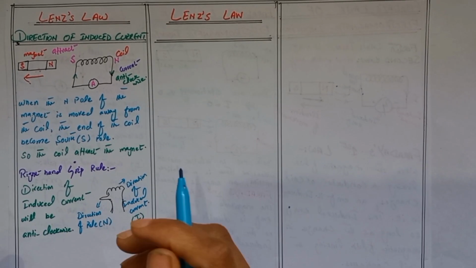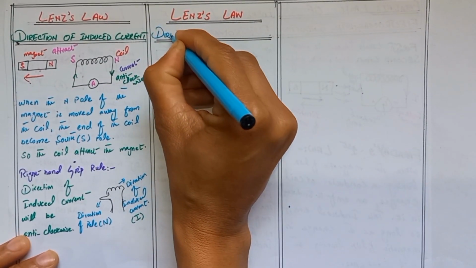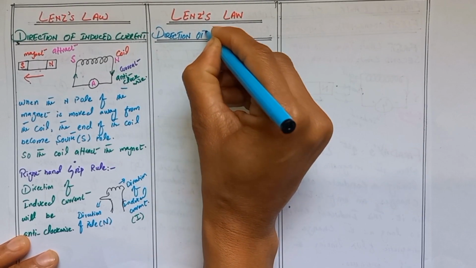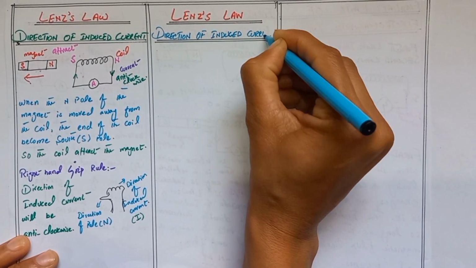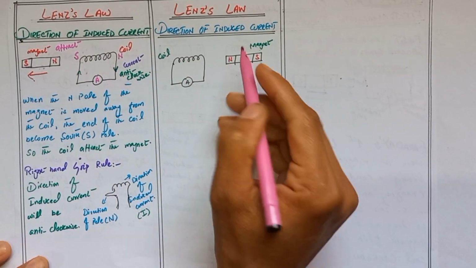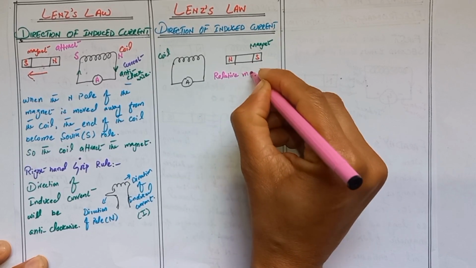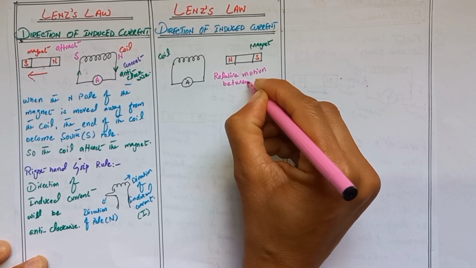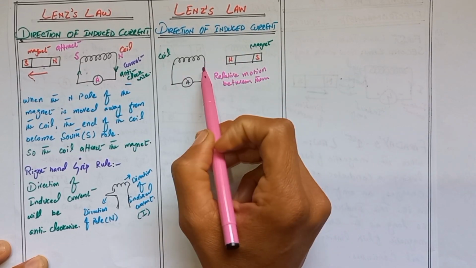Now we discuss the definition of the Lenz law. The Lenz law basically tells about the direction of induced current. The direction of the induced current is dependent upon the relative motion between the coil and the magnet. Whenever the magnet is moved toward the coil, a current is induced in the coil.